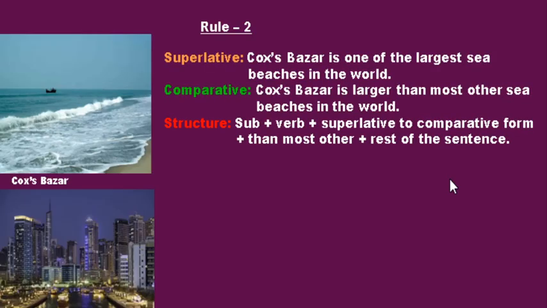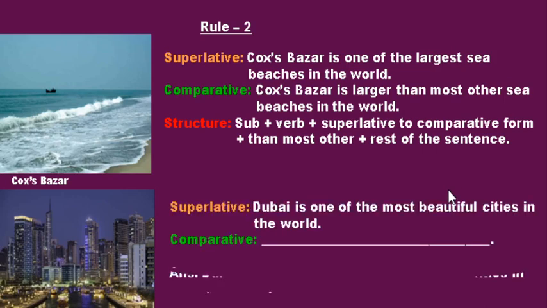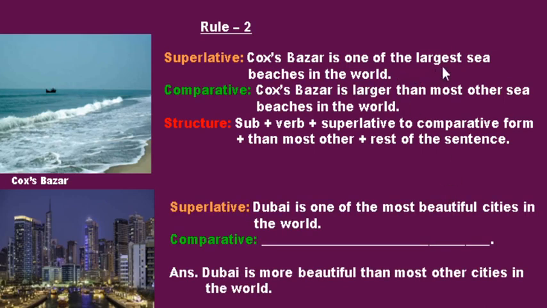Next, superlative to comparative. Cox's Bazar is one of the largest sea beaches in the world. How can you change it? At first, you can see the structure: subject, then verb, then superlative to comparative form, then most other. Here there is another important thing you have to consider. In the case of superlative to positive, instead of one of the, you have used very few, but it is not positive, it's comparative, so you have to use then most other in the middle part of the sentence.